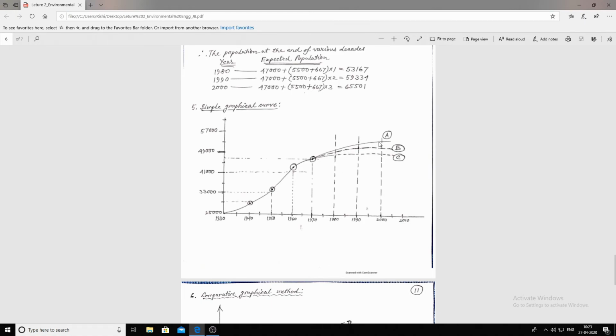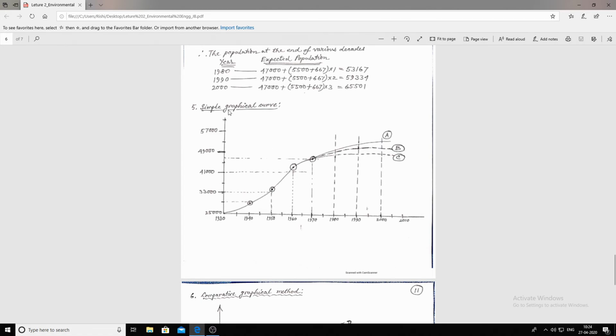For 2000, this will be the expected population for person A, this for person B, and this for person C. As I told you in the last session, the extrapolation depends on the intelligence, experience and background knowledge of the designer. So, this will not give you an accurate result, it is just an approximation.